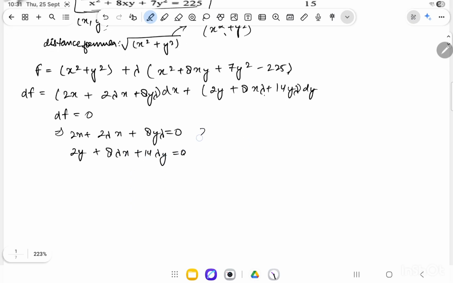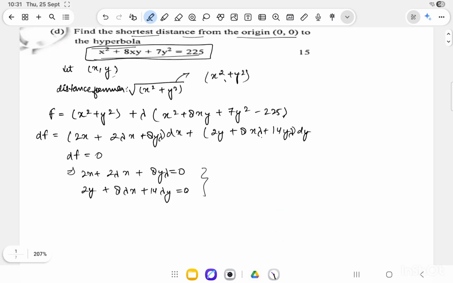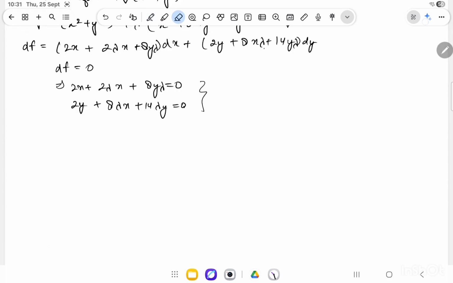Now you can just solve these two equations for either lambda or x and y, and that will give you a relation, and you can solve that to find the shortest distance. So you can reduce these to x into (1 plus lambda) plus 4y lambda equals 0, and y into (1 plus 7 lambda) plus 4 lambda x equals 0.